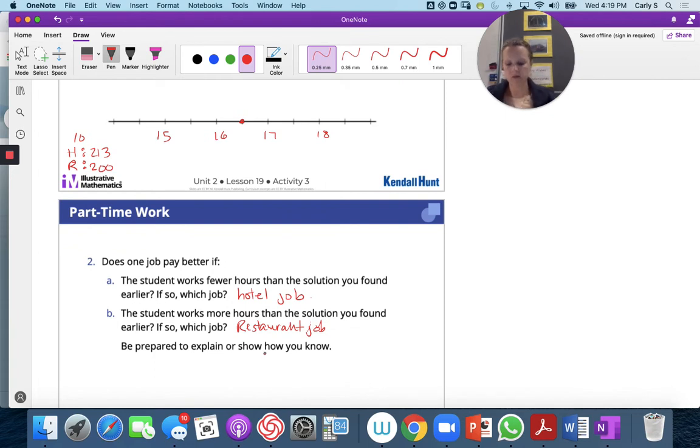Be prepared to show how you know. So I found the pay for both jobs using numbers that are less than 16.5. Okay, I tested numbers.